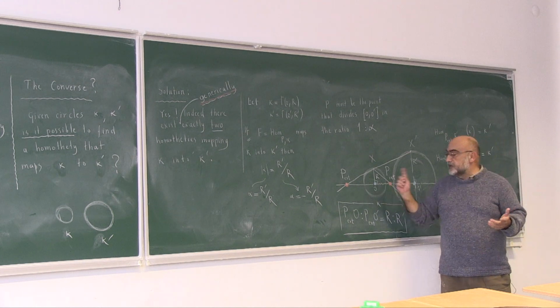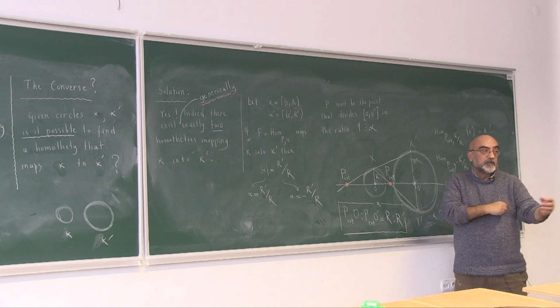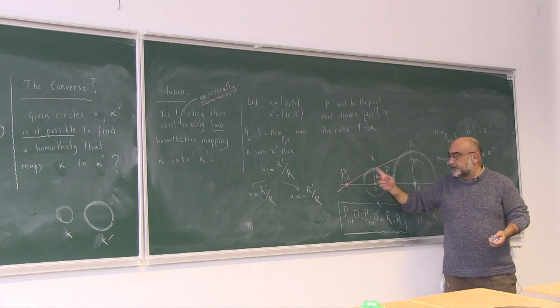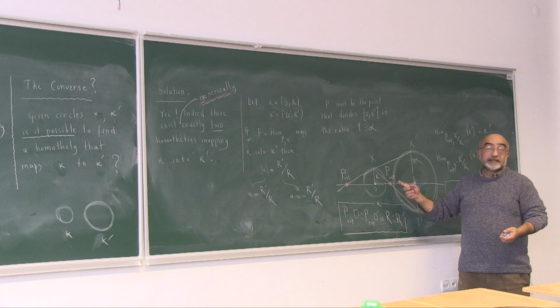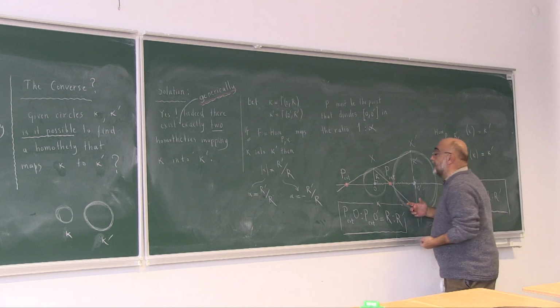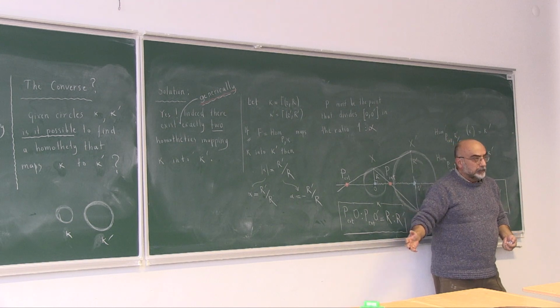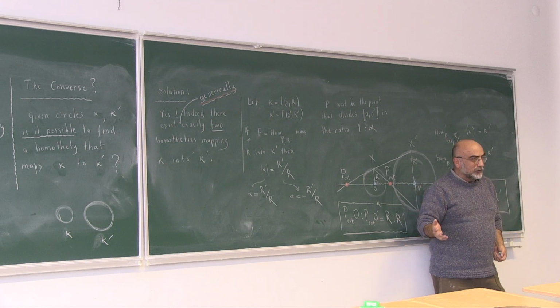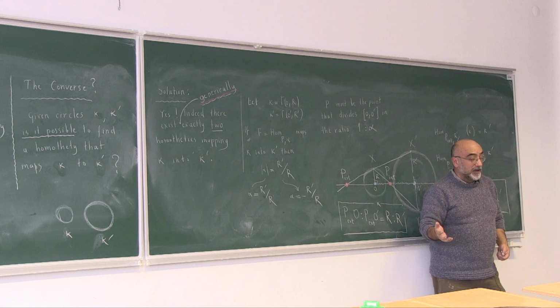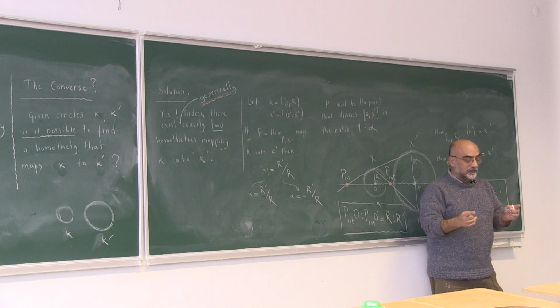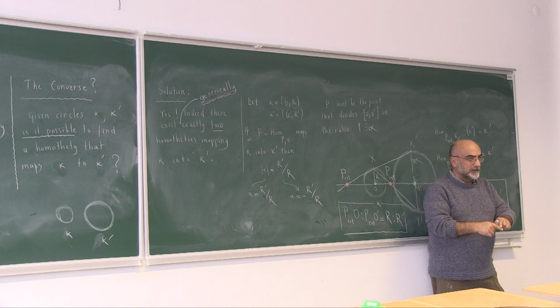Well, there are only two possible places. While doing that, what we did was to construct the centers as points dividing the line segment OO' in this or that ratio. Now, in order for you to be able to do this, there must be a line segment OO', and that's not the case if O and O' coincide.